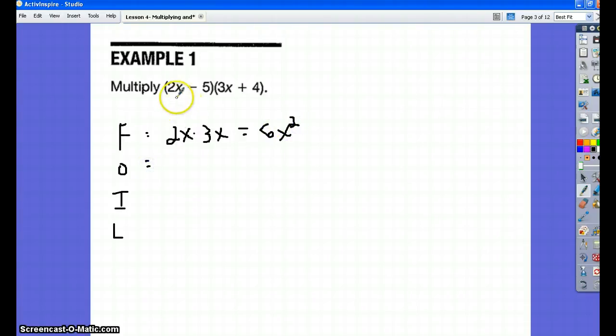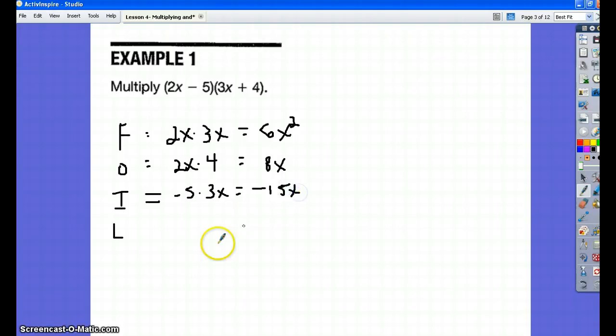The outer is going to be 2x times 4, which is 8x. The inner is going to be -5 times 3x, which equals -15x. The last is going to be -5 times 4, which equals -20.